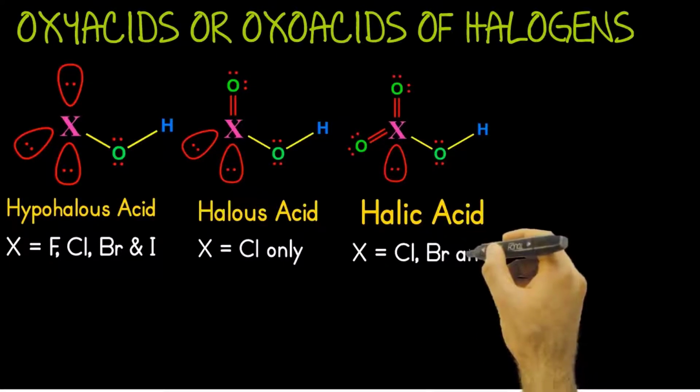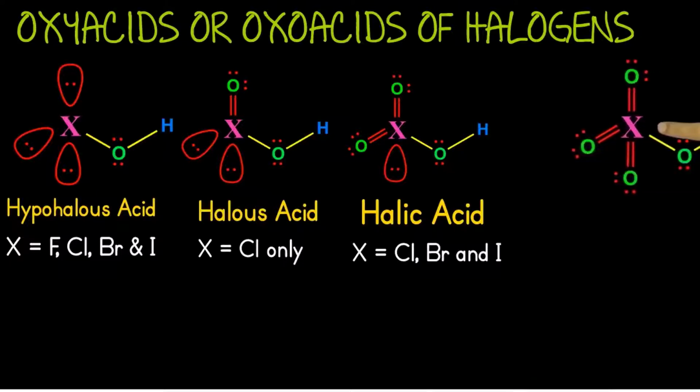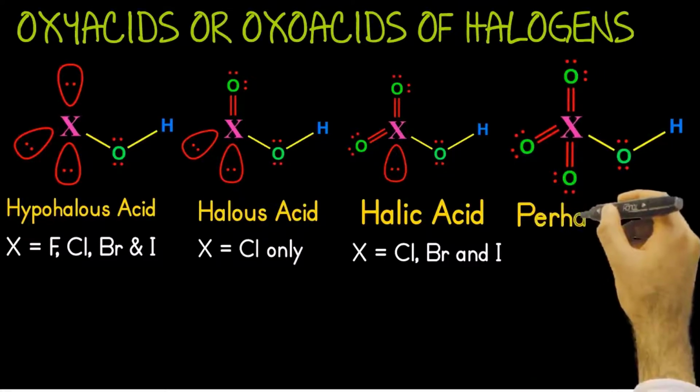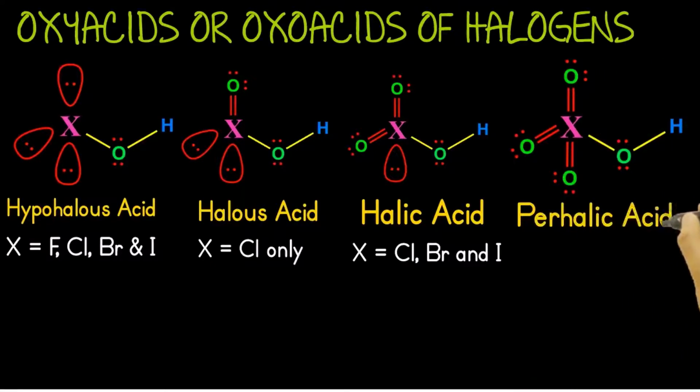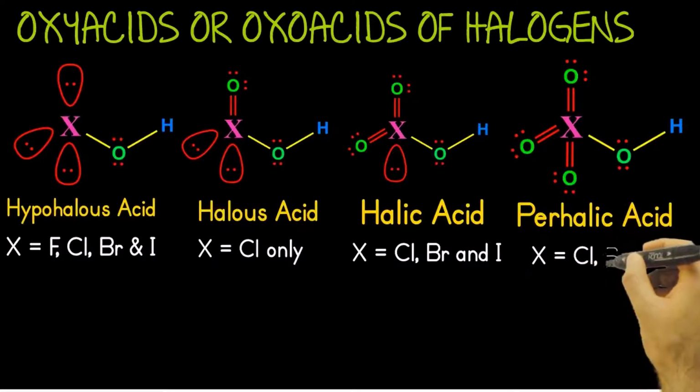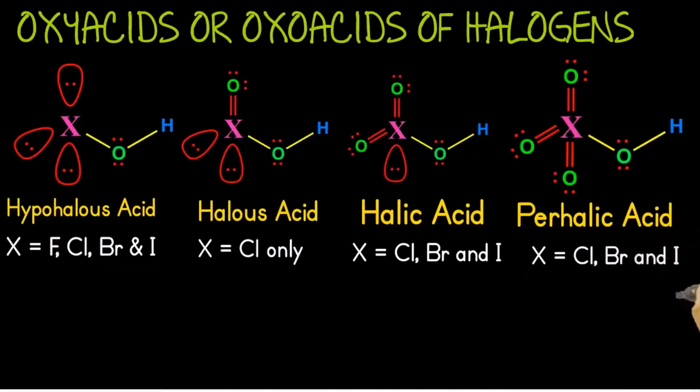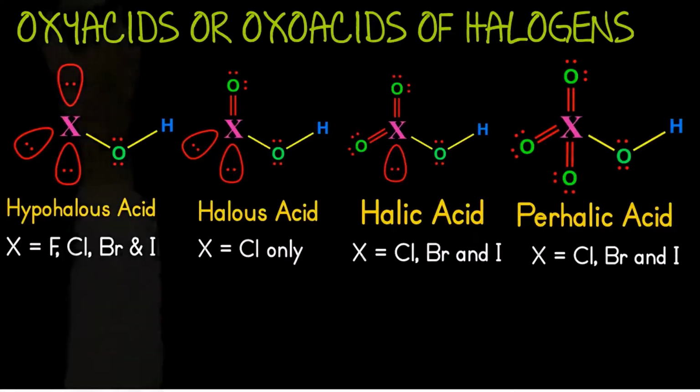After that we have the halic acid. In halic acid the X can be chlorine, bromine and iodine. And the last type we have here is the perhalic acid, in which the halogen is having the highest oxidation number and X can be chlorine, bromine and iodine respectively.